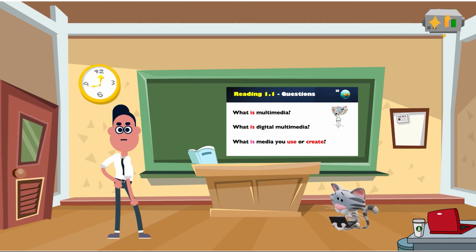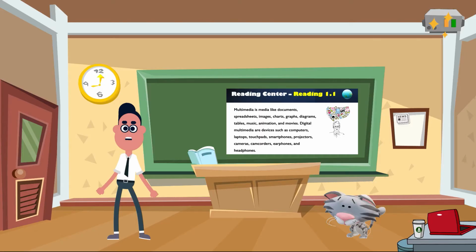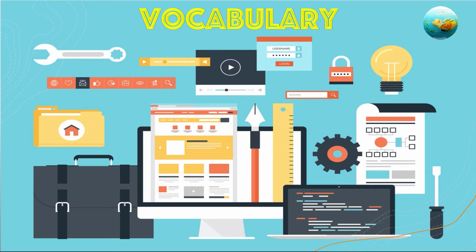So, in this reading, we have introduced some of the types of media and the vocabulary we're going to be looking at. So now the idea is to look at the vocabulary in a bit more depth. So let's look at the vocabulary related to multimedia and its definitions.